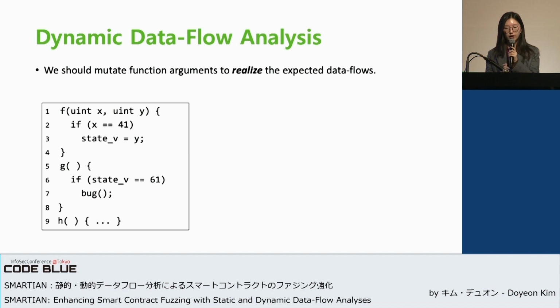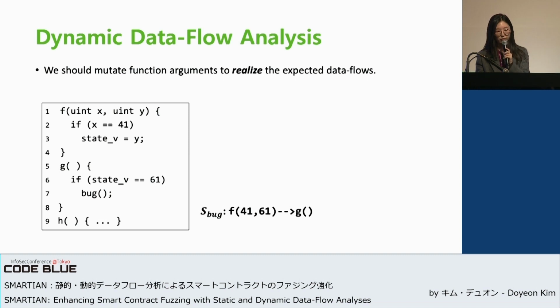So even though the seeds are initialized with meaningful sequences, we still have to mutate these initial seeds to realize the expected data flows. For example, let's consider this contract where function f updates a state variable and function g uses it.